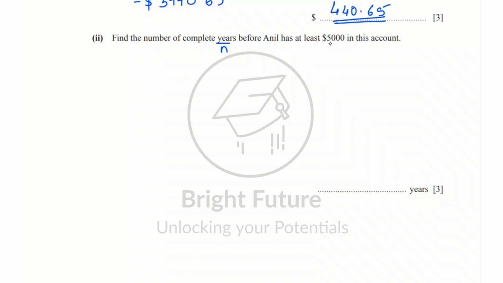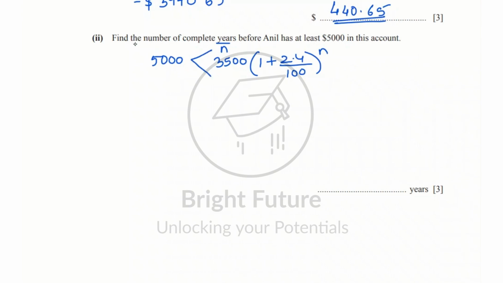So you have to find out that Anil has at least, minimum, 5,000. That means the compound interest that he calculates has to be greater than 5,000.